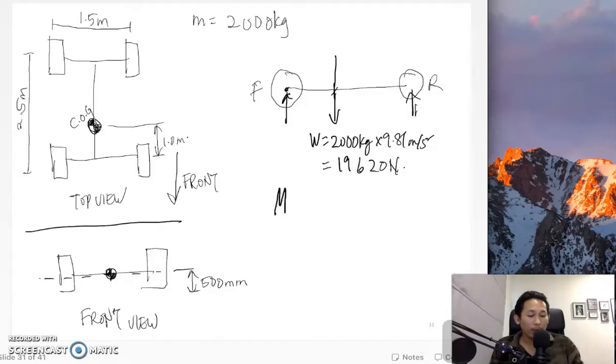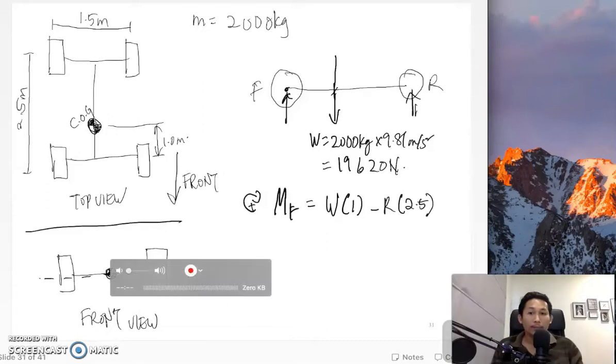So the moment at the front wheels is equal to W times 1 meter. We take this one as positive, the weight times 1 meter, and that one is negative, R times 2.5 meter.